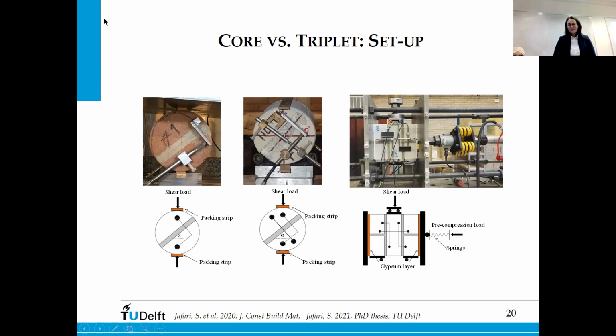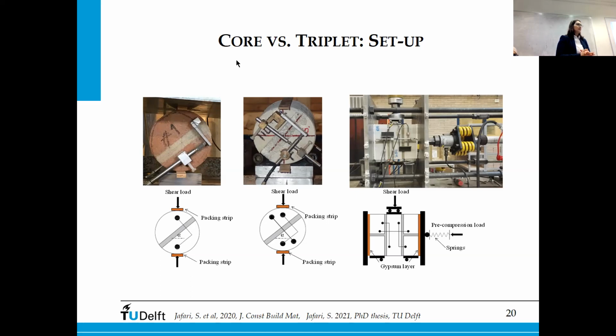Any other questions? Yes, sure. How much repetition of the core testing do you think is needed to have a triplet study result? Okay, so for shear tests, we tried to work with 5 cores per inclination, but 3 would be the minimum. And for compression, again, we tried always to do 5 or 6 tests.